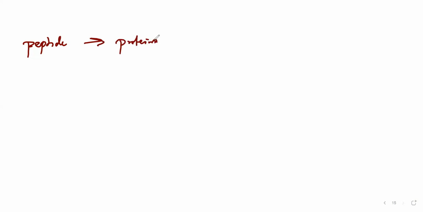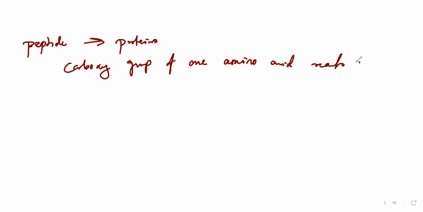So how are these bonds formed? When the carboxyl group of one amino acid reacts with the NH2 group of the next amino acid, and when they are doing this, there will be what?